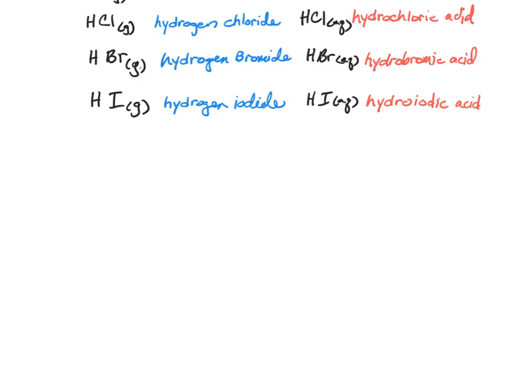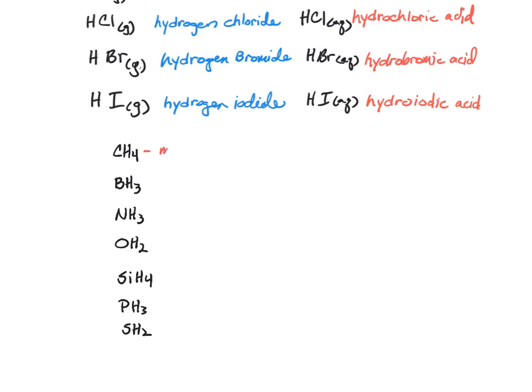That would be things like CH4, BH3, NH3, OH2, which is the same as H2O, and then SiH4 and PH3 and SH2. These have more or less common names that you just kind of got to know.